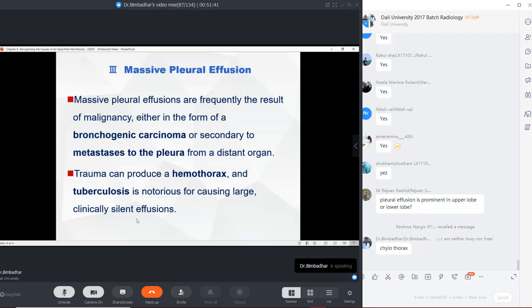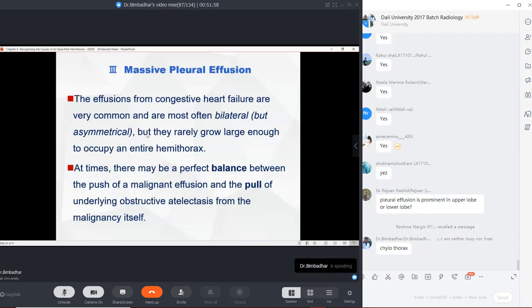Congestive heart failure starts giving out transudative fluids, filling up down, but generally does not produce large pleural effusions. Moderate grade or minute pleural effusions can be seen in congestive heart failure patients.